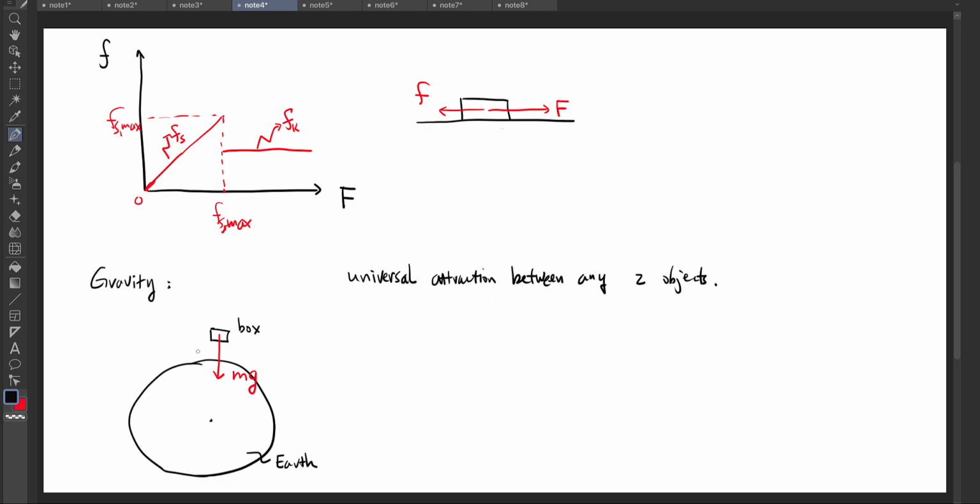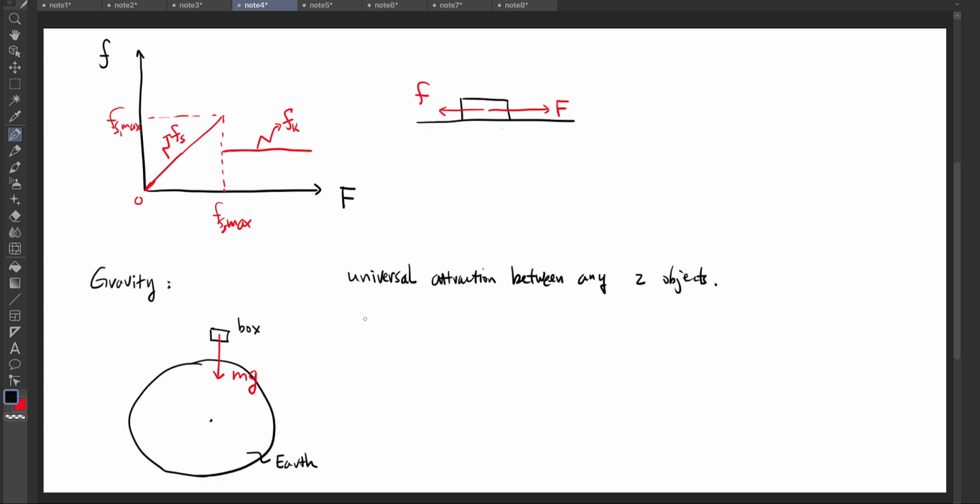Then you may say, why don't we consider the attraction between the box and, let's say, another box, a person, a car, etc.? The reason is because if both object masses are small, by small I mean compared to the earth mass, then that attraction is negligible. You can actually neglect that. Okay, so that's why we only talk about the attraction between the box and the earth. So only talk about this gravity here.